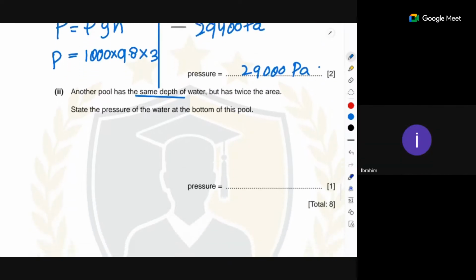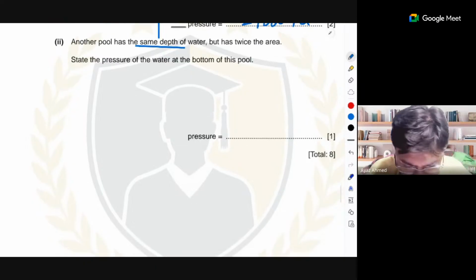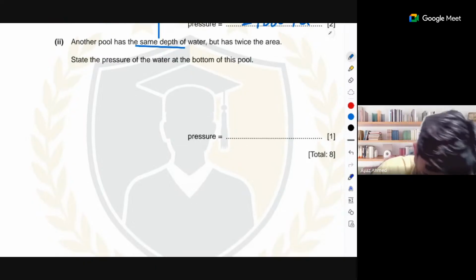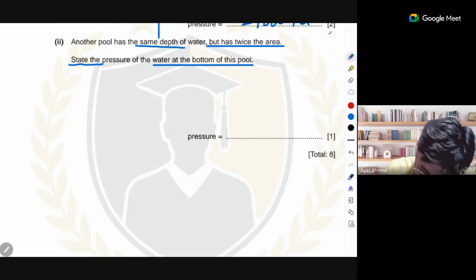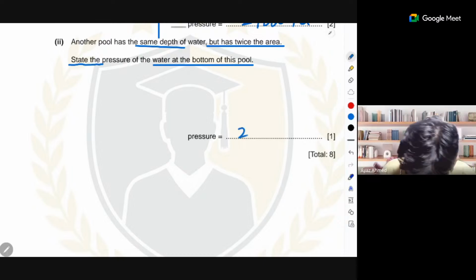Yes, sir. Okay. Another pool has the same depth, but twice the area. State the pressure of the water at the bottom of the pool. Oh, 1 mark. Say 29,400. Yes, 29,000 Pascal.